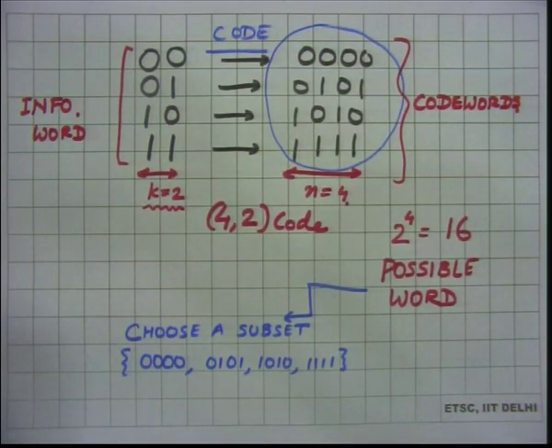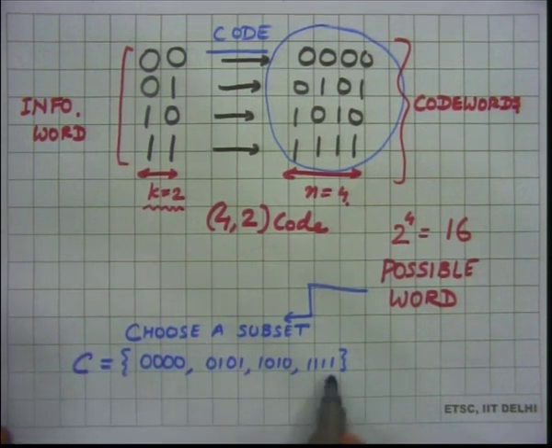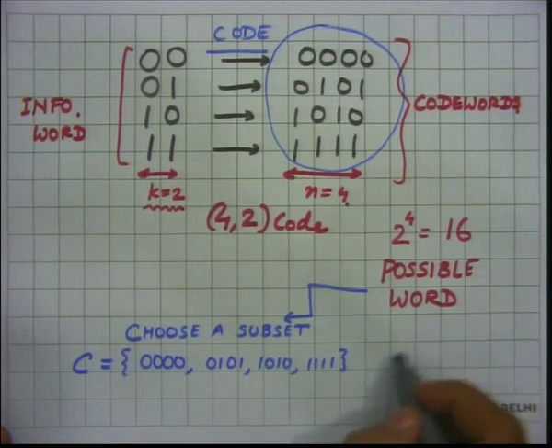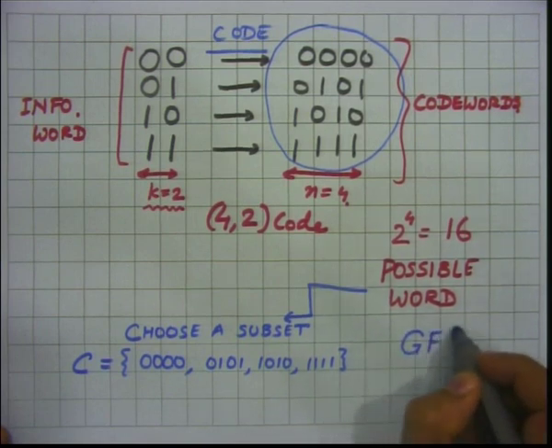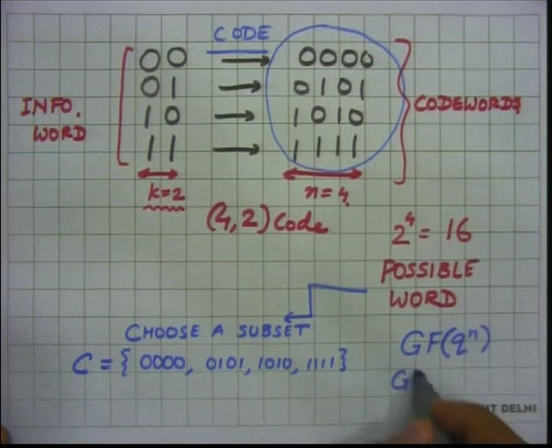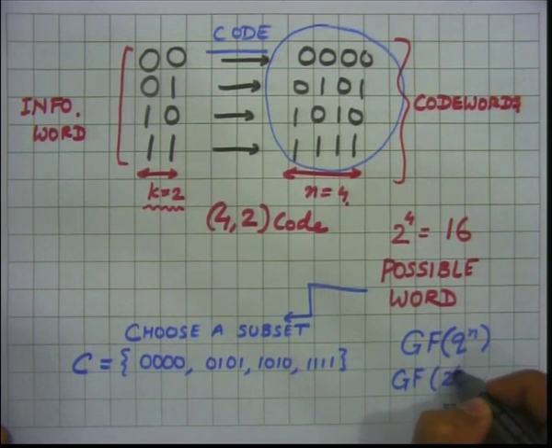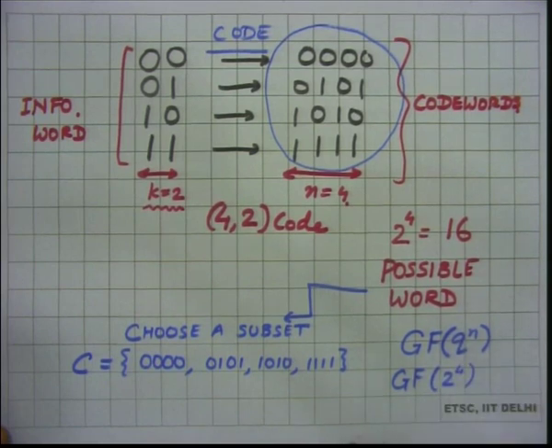So if you go back to the statement, any code C is a subspace of GF(Q)^n, and in our binary case it is GF(2) raised to power n, and n is 4. So we have a subspace.